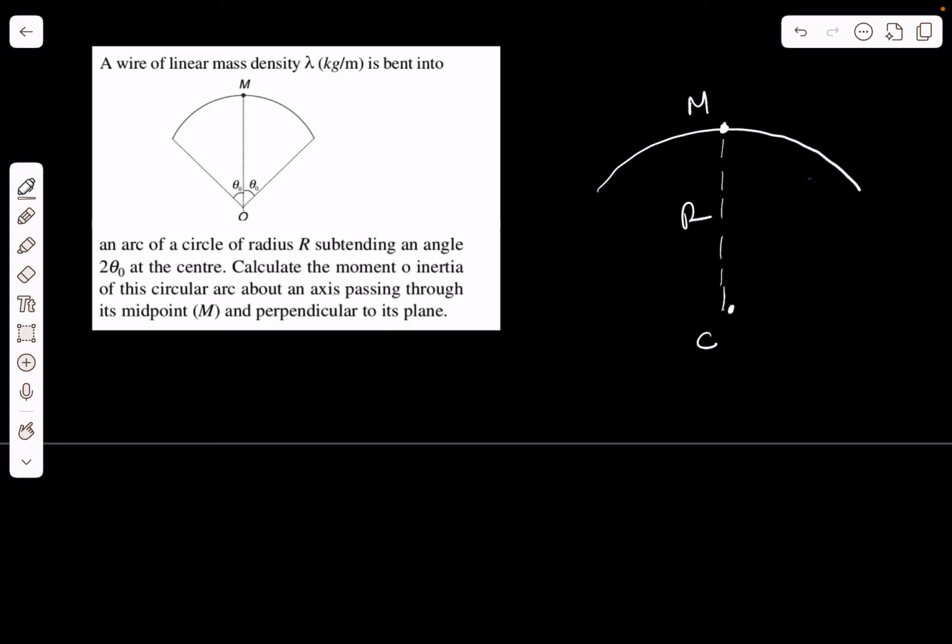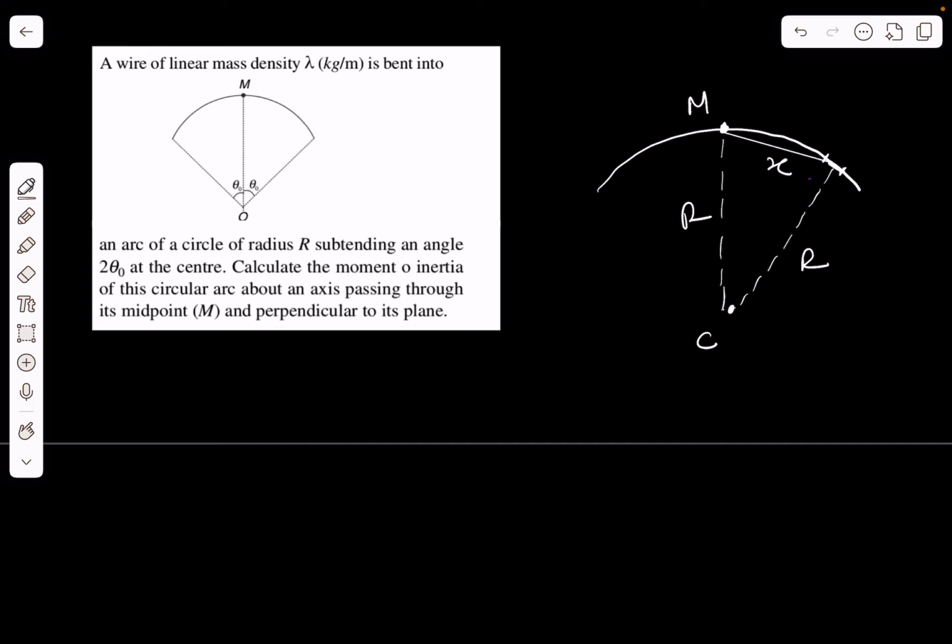Before that let us take a small element, and let us say that this element is located at a linear distance x from the point M, and also this distance will be equal to r.